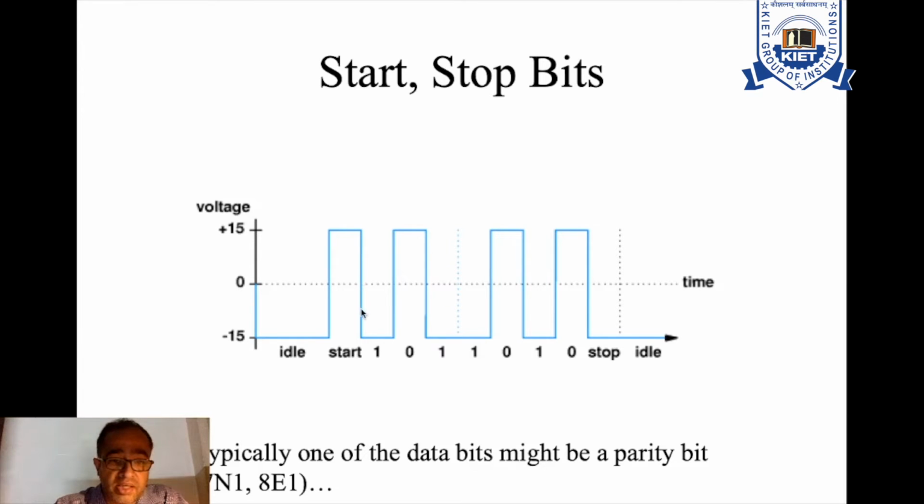Then the data is being sent. As you could see over here, we are sending 1, 0, 1, 1, 0, 1, 0. After the last bit has been sent, you will send one more bit, and that is stop. And then again, this will become idle.